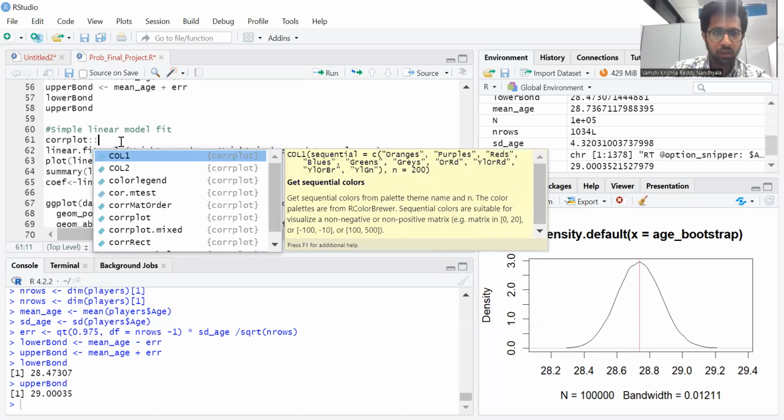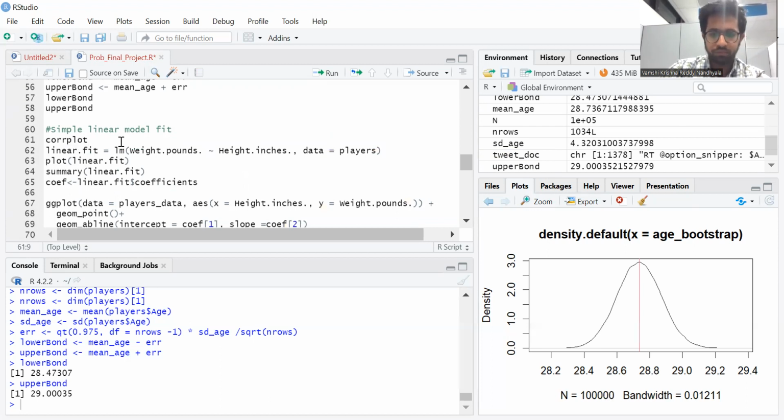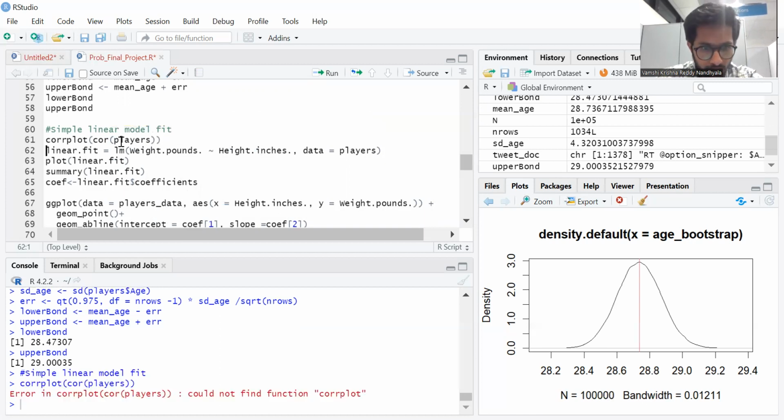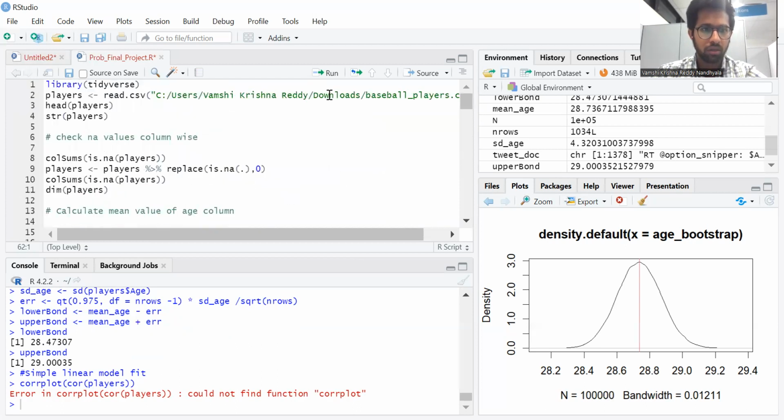Corrplot of players. If you see, okay, could not find function corrplot.